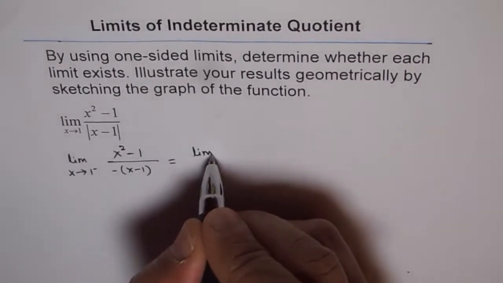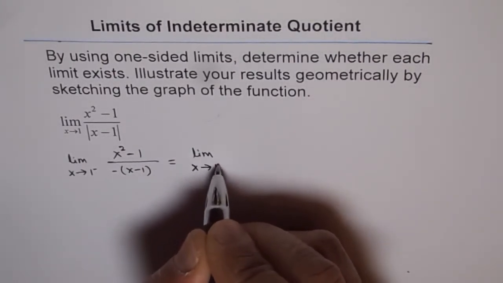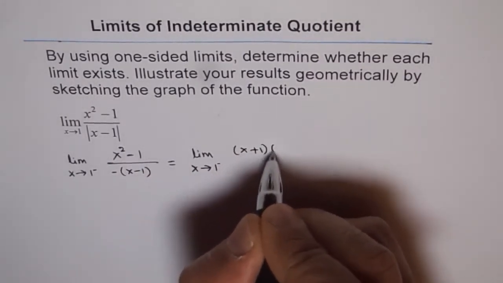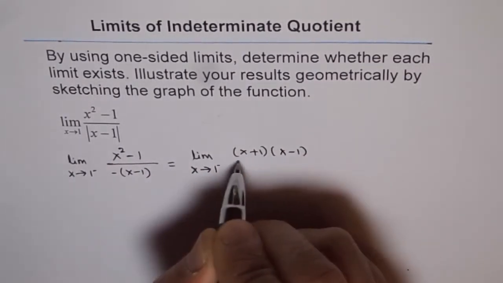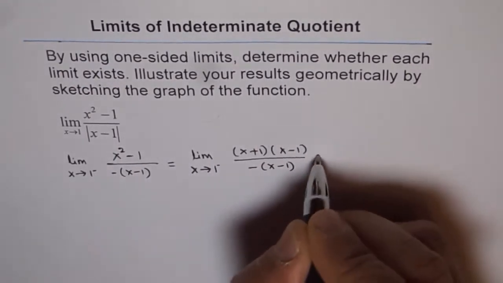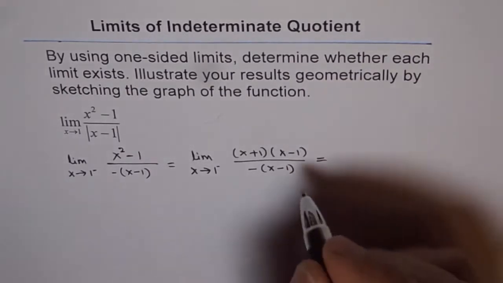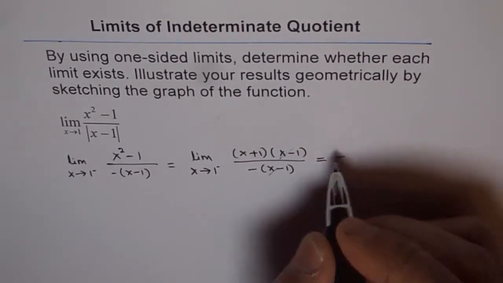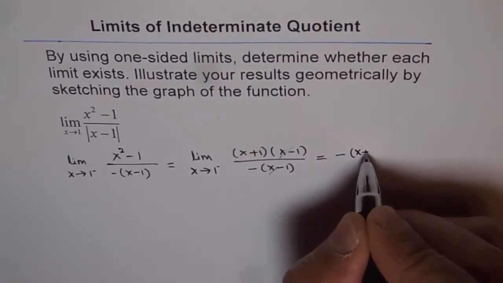So we get the limit as x approaches 1 from the negative side, and the numerator is (x plus 1) times (x minus 1), and the denominator is minus of (x minus 1). And these two cancel out, they are common factors, correct? And so we get minus of (x plus 1).